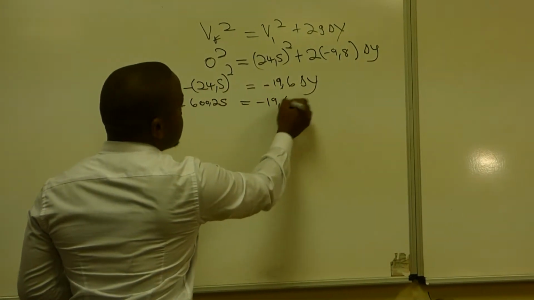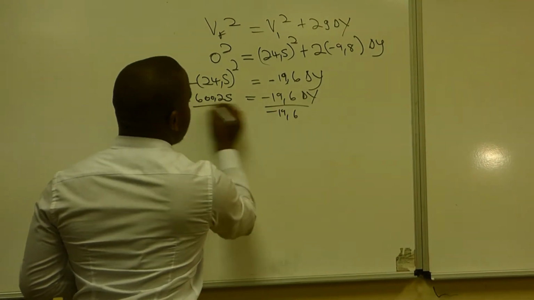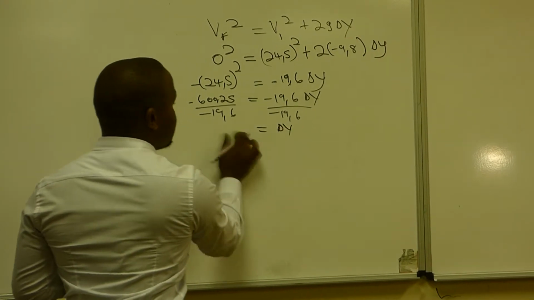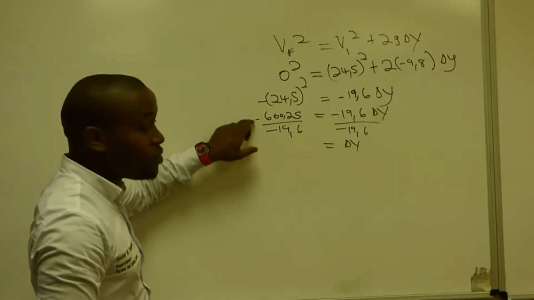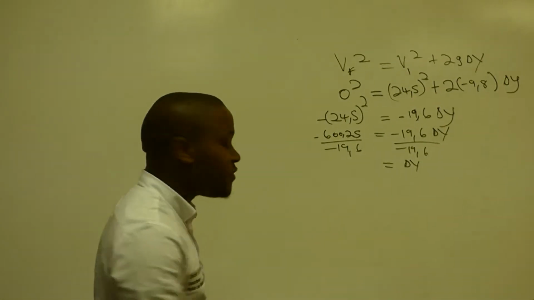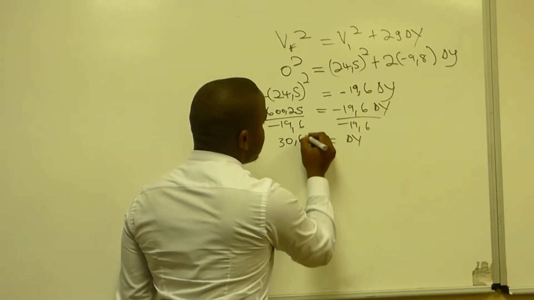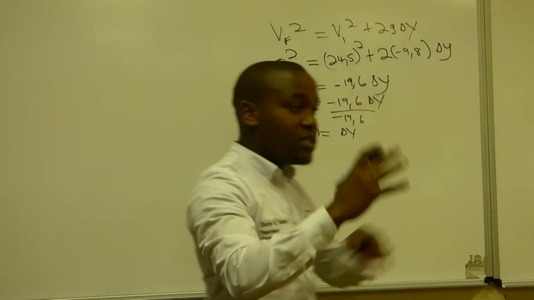Negative 19.6 delta y. So I have delta y there. What's my value? It makes sense because my axis, you see, I'm going to get a positive value. Position is positive: 30.625 meters.